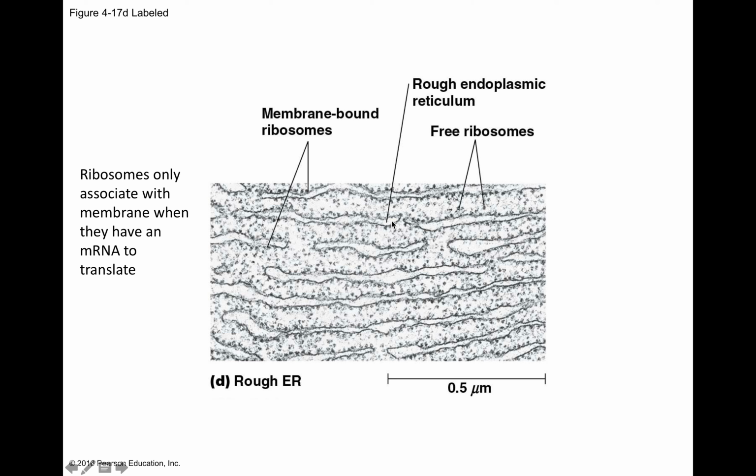But it's only rough because those ribosomes have to associate with the membrane when they're actually translating the protein. But as the mRNA first is read by the ribosome, it's a ribosome that is sitting in the cytoplasm, and there's a tag on the mRNA that says to the ribosome, go to the ER.